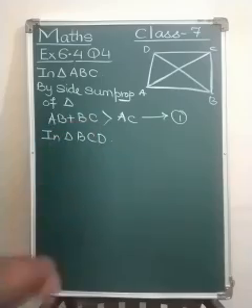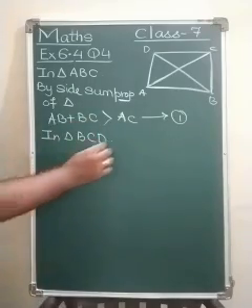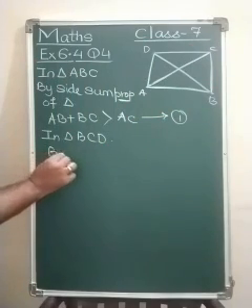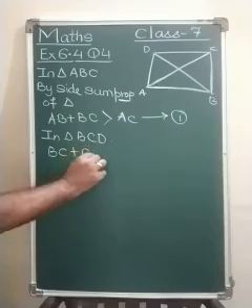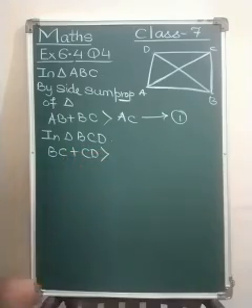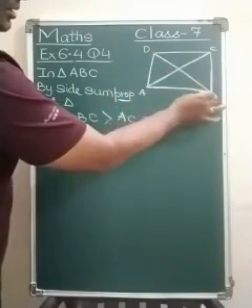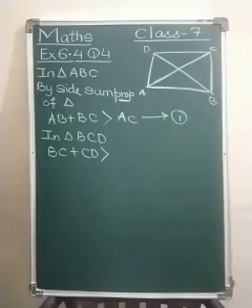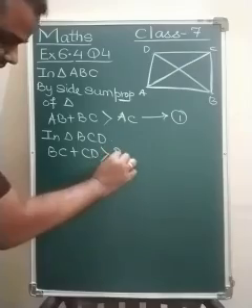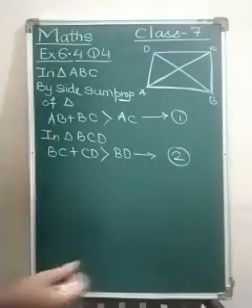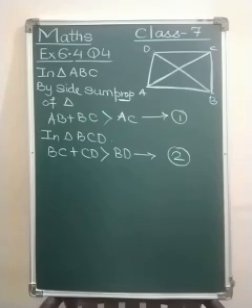Now in triangle BCD, BC plus CD is greater than the diagonal BD, and we give this as number 2. So the second triangle we have done.